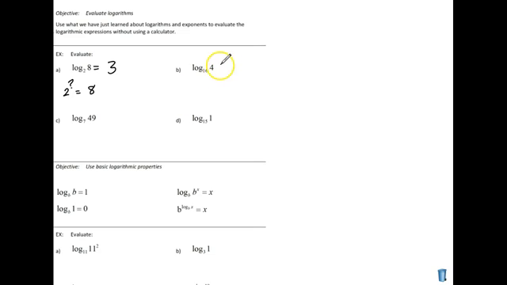Similarly here, I don't know what this is equal to, so I'm saying 16 to the what power equals 4. I'm thinking to myself, how am I going to change this so that I can figure out what this value is? Well, let's rewrite this so that they're the same bases. 16 I know is 4 squared, right?